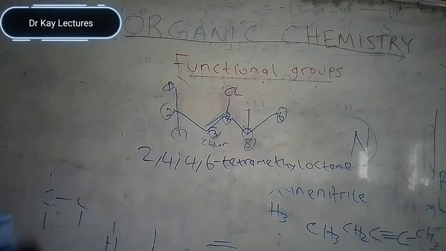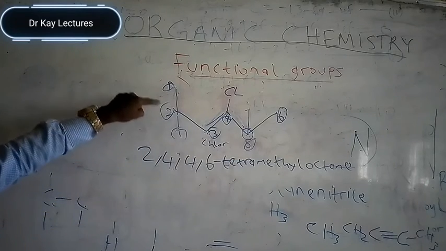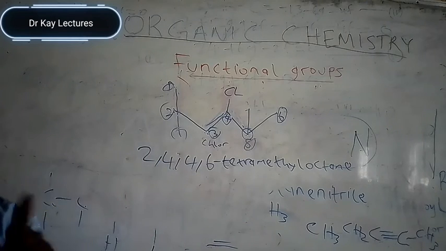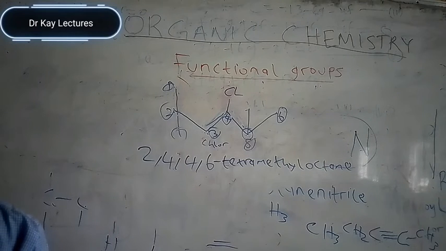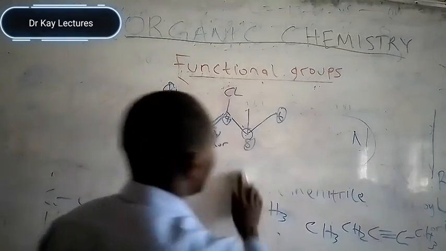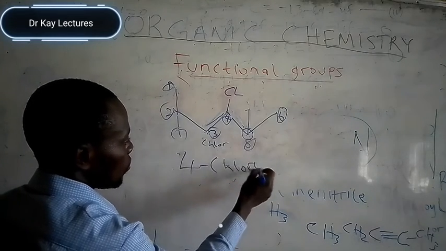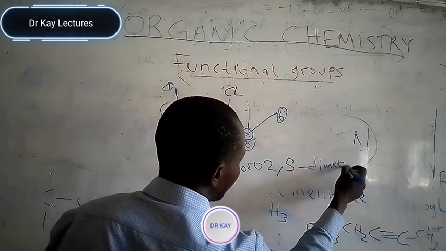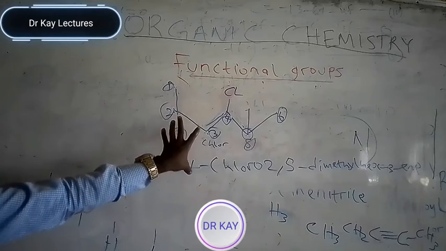Since C comes before M, it will now be 4-chloro-2,5-dimethylhex-3-ene. Let me write it. 4-chloro, 2,5-dimethyl, hex-3-ene.